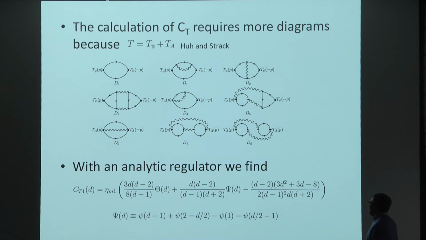But basically, we struggled a lot with this, and with an analytic regulator, we find the following answer, which matches the 4 minus epsilon expansion very nicely, as far as we can tell. And it does obey CT-UV bigger than CT-IR also in this example.